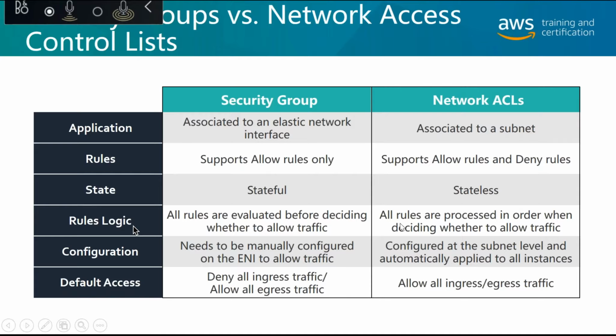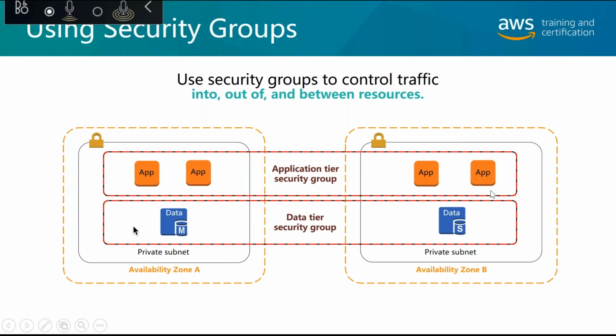And there is an order: all rules are processed in order when deciding whether to allow traffic. Again, it's configured at the subnet level. The default setting is allow all ingress and egress, so it's not mandatory.